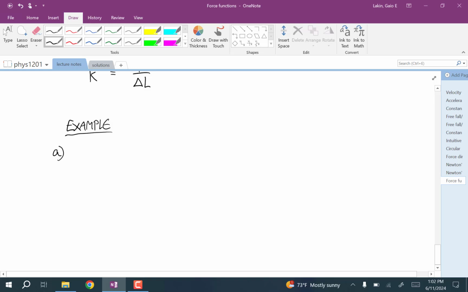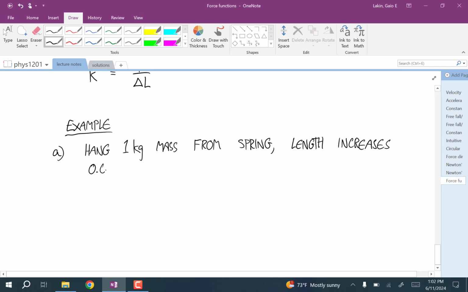So for the first step, let's say we hang a 1 kilogram mass from the spring, and its length increases 4 centimeters. And so the first thing we're going to do is calculate that spring stiffness. What's the K value?